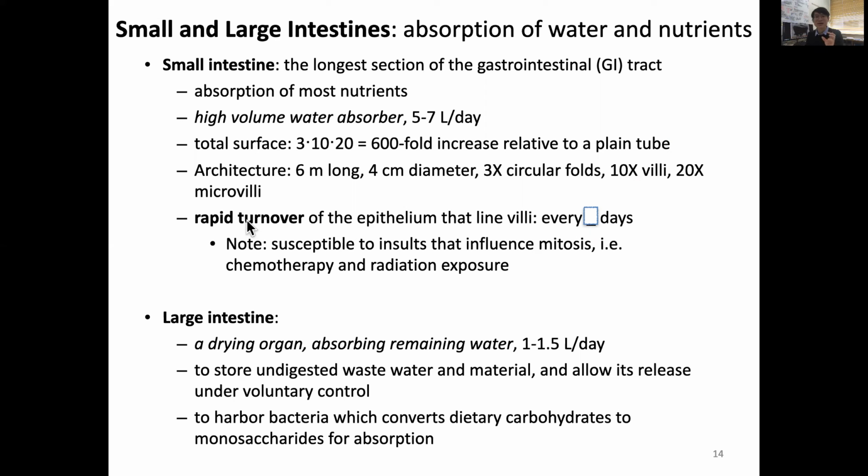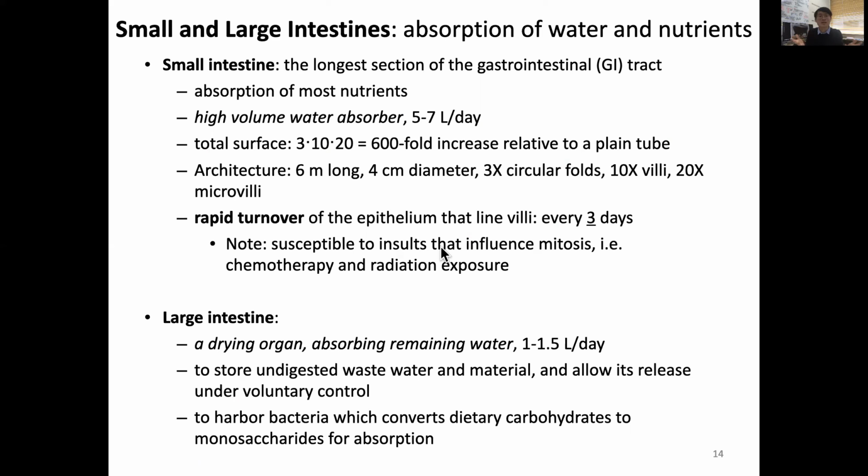So it has a relatively rapid turnover in the epithelium which lines the villi. How often do they actually change or slough off? Every 3 days. Because of this, it is also susceptible to insult that influences mitosis, because it keeps happening.